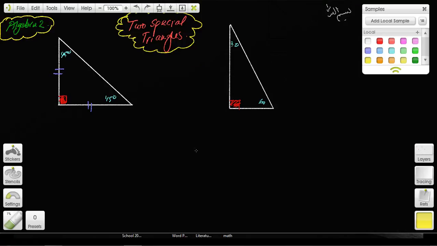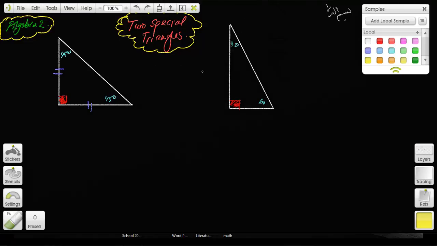That's important to understand, because sometimes on tests they might not give you the angles. They might give you a right triangle with two congruent sides, implying that this is a 45-45-90 triangle, and you're supposed to figure out the other sides.